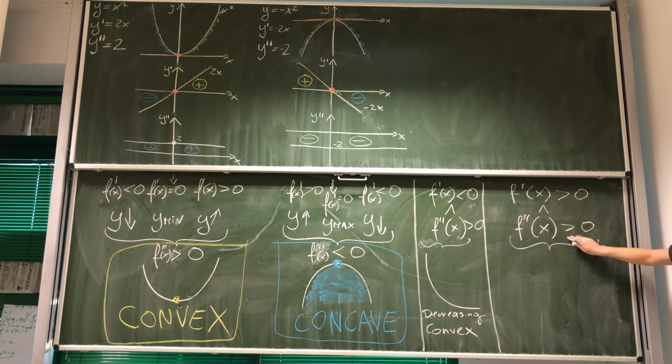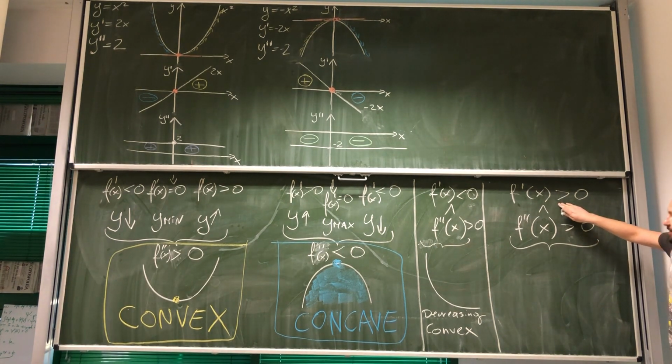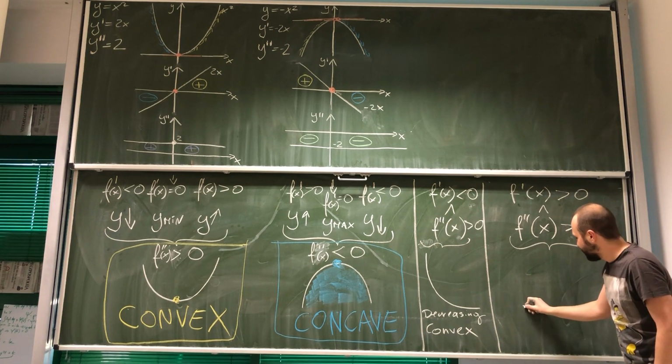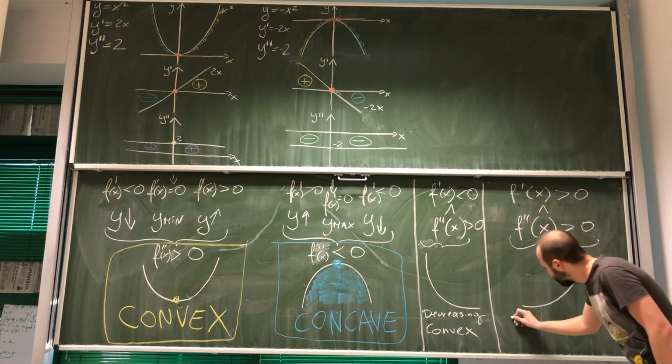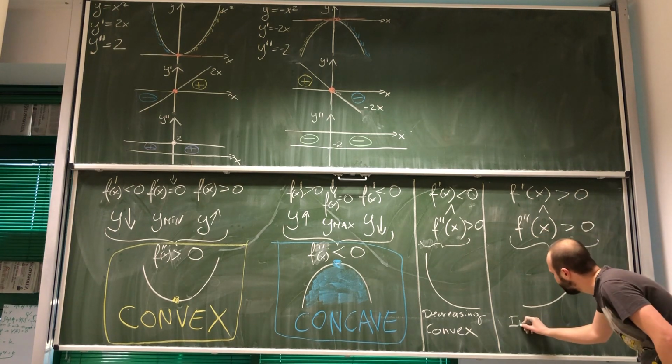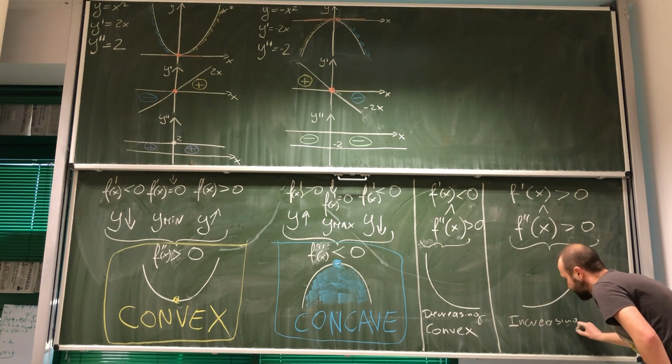And the first derivative is upward sloping, which means that it's getting higher and higher in values. This means that our function is increasing faster and faster. So in this case, we get a shape that we call increasing convex.